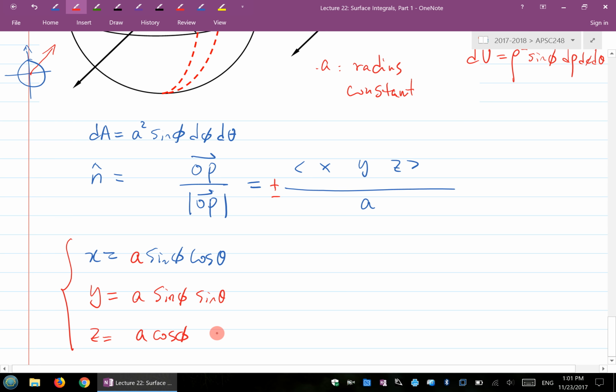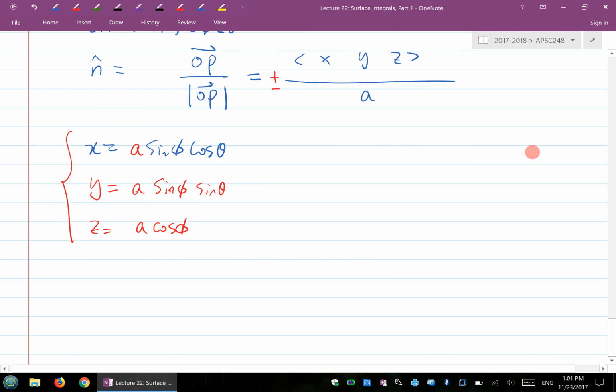So finally, we're ready to put everything together into the formula for the spherical coordinate surface integral. Before we do, there's one more piece of the puzzle. Here's your vector field, the quantity we're talking about. We also have to do some replacement for this vector field.